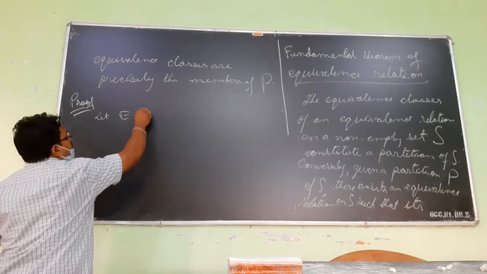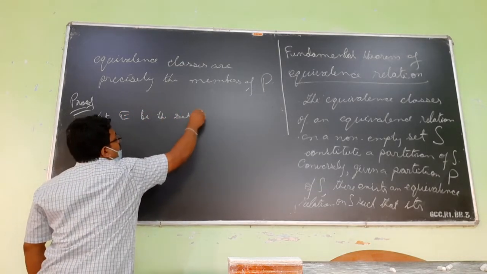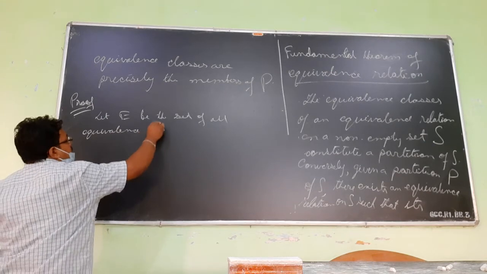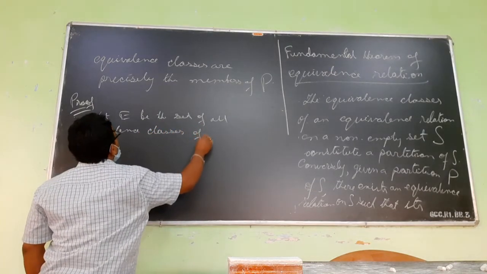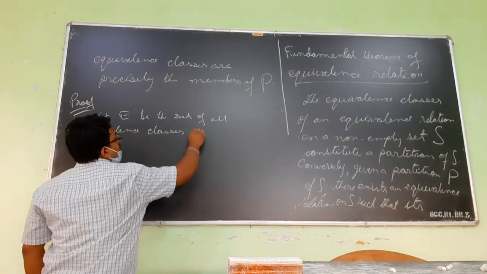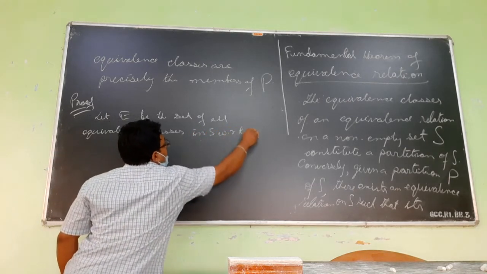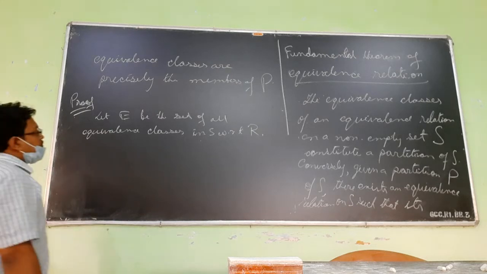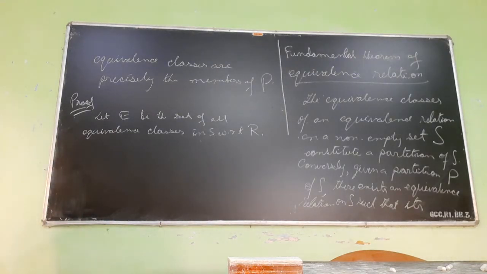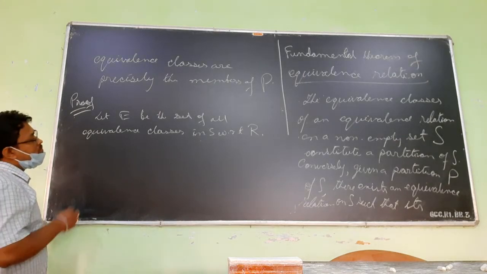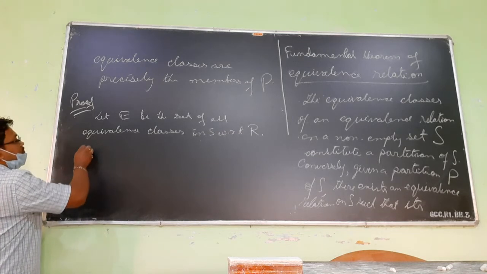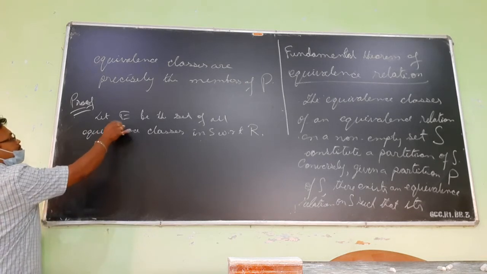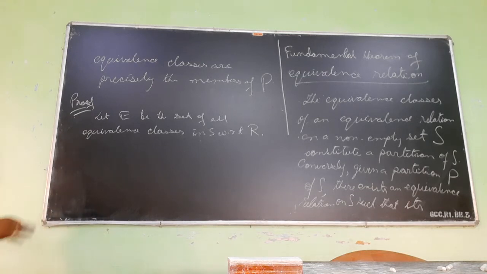So let E be the set of all equivalence classes in S with respect to the relation R. So each equivalence class is non-empty.